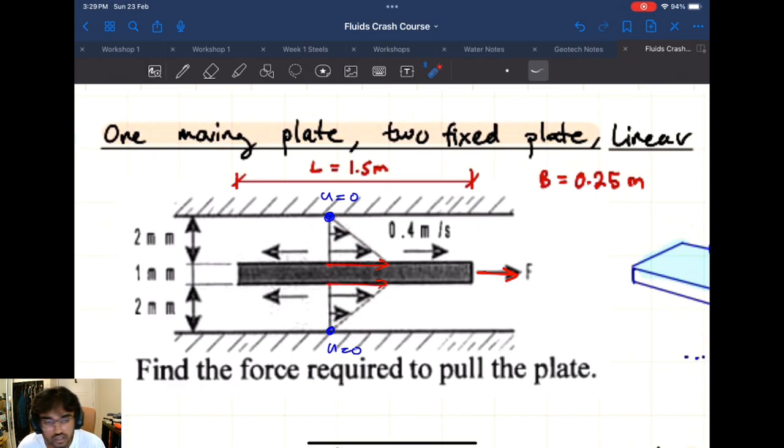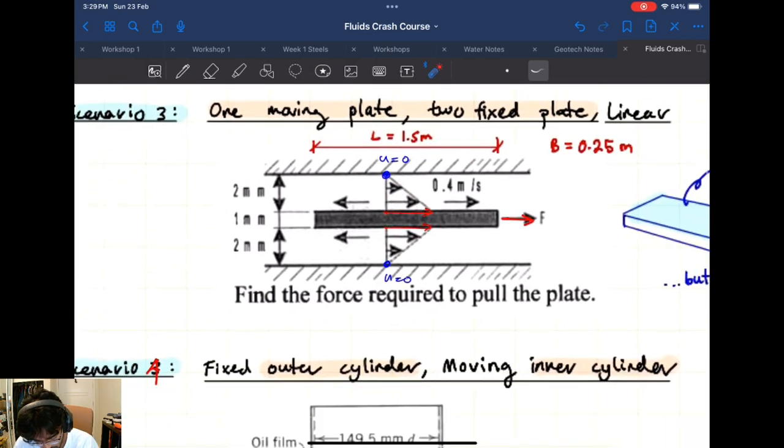In most cases, you can assume a linear distribution if the gap between the plates is very, very small. For example, in this case, we've got 2 millimeters. In some other cases, you might see 0.25 millimeters. Because it's so small, you can just assume that the velocity distribution is linear.